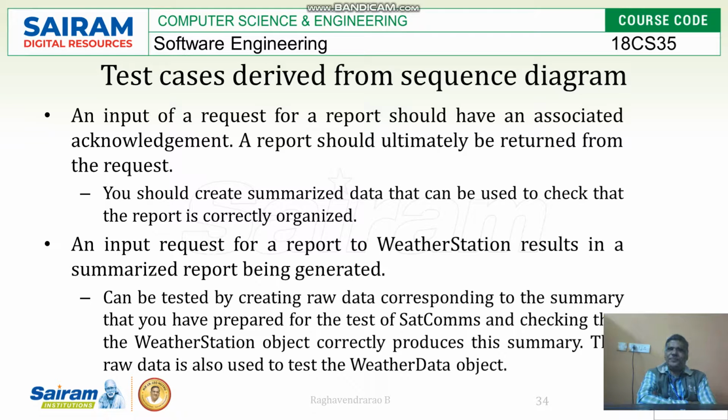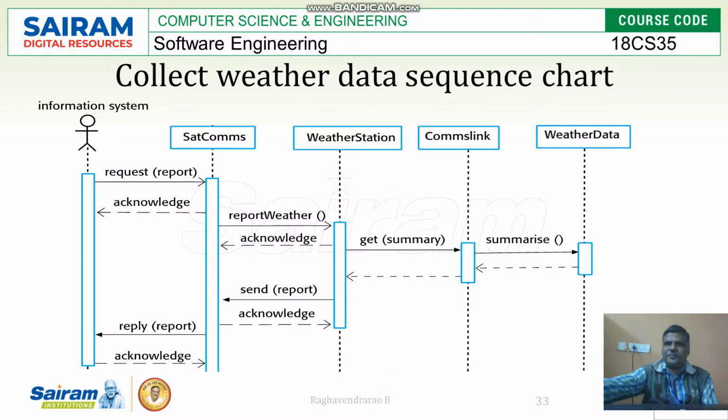The second thing is the summarized report from the weather station, whether I am going to get it or not, that also has to be tested. So here, that is what I said. Here the request is there, the satellite communication, the weather station, we are requesting the report of the weather and it should give it. So in the background, it checks for the communication link and whether data is present in the database.